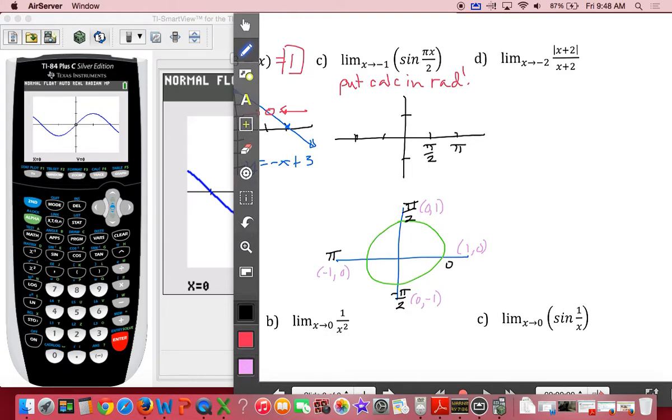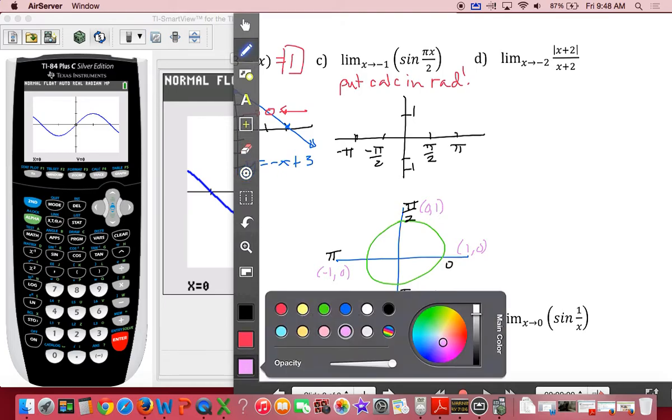Oh, and then let's label this negative pi over 2 and negative pi. And then this is positive 1 and negative 1. Oops. Okay, well, I'm not going to erase that now. Too late.